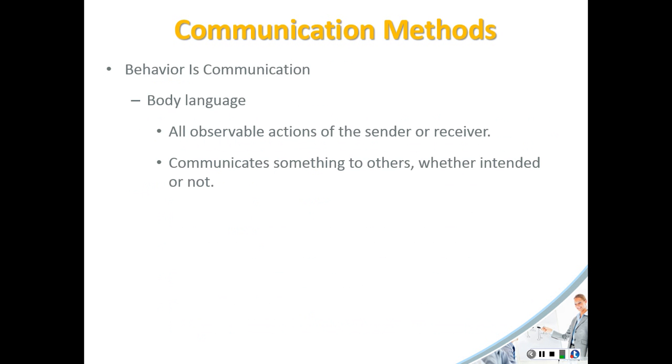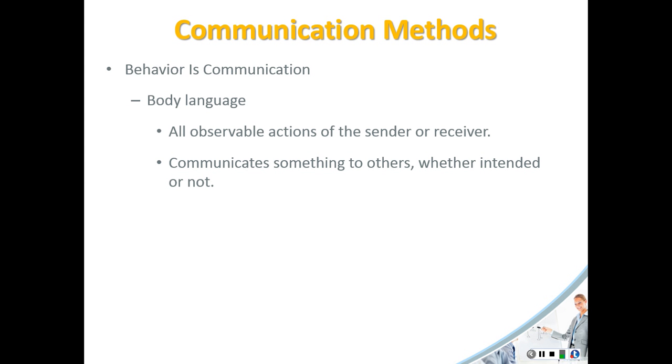So some of the communication methods, obviously, first of all, very important, believe it or not, is body language. The way people stand, act, the way their face looks, their expressions, all those are observable actions that are able to be seen by either the receiver or the sender. And it communicates something to others, whether you mean to or not.